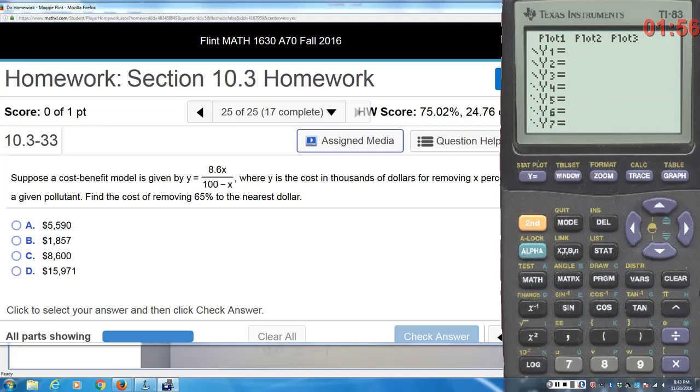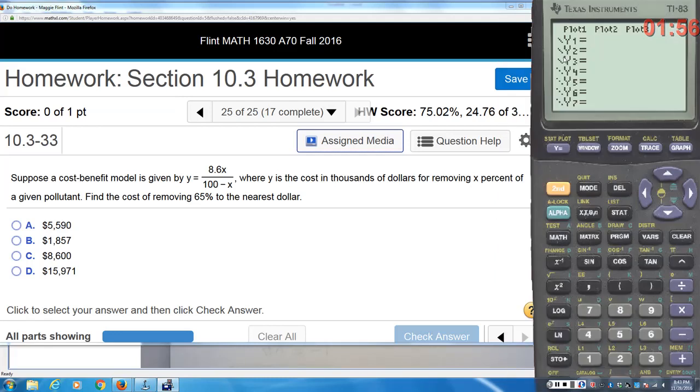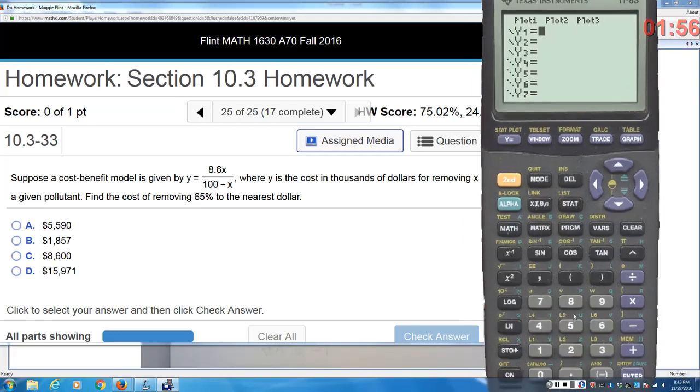And we're going to enter in, I think I need to shrink my calculator down a little, 8.6x divided by 100 minus x.